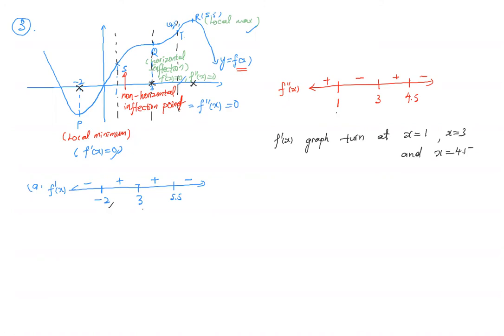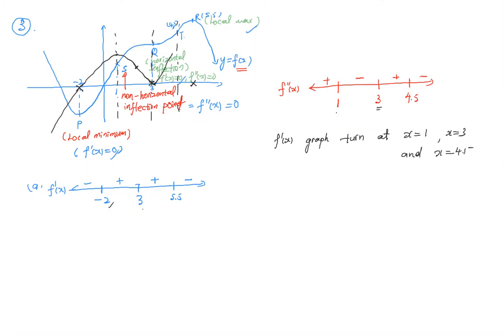So if below, go up. Positive. Then turn. Here you're supposed to turn. Then come down, pass through this point. But after that, at 3 also it must turn. So the graph has to go like that. Then turn at 3, go up.